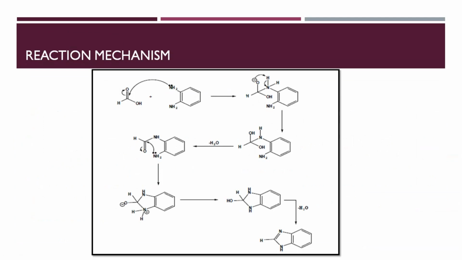So first water molecule has been eliminated. Now similarly, the second nitrogen having a lone pair of electrons is going to attack the carbocation and there will be elimination of another water molecule. So overall two water molecules have been removed. And finally there is formation of benzimidazole.